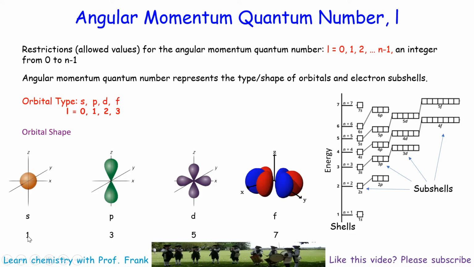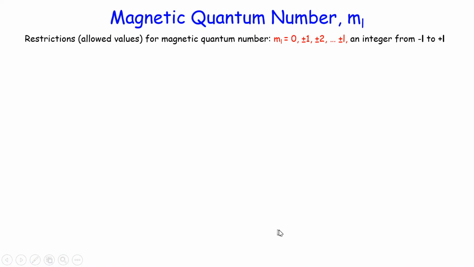So here 1 means there is only 1 s orbital, and for p orbitals, there are always 3 p orbitals, and for d, always 5 orbitals, for f subshell, always 7 orbitals. And the number of orbitals is actually determined by the magnetic quantum number, ML.